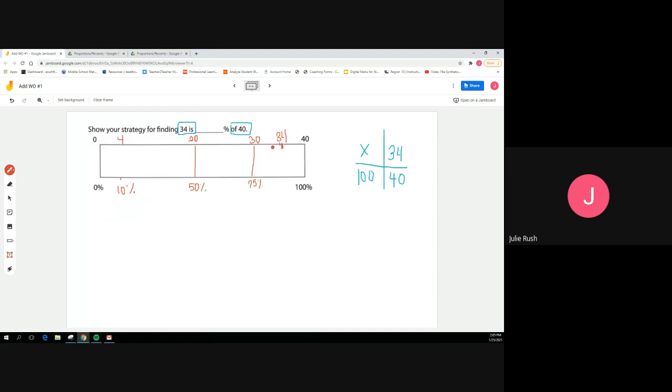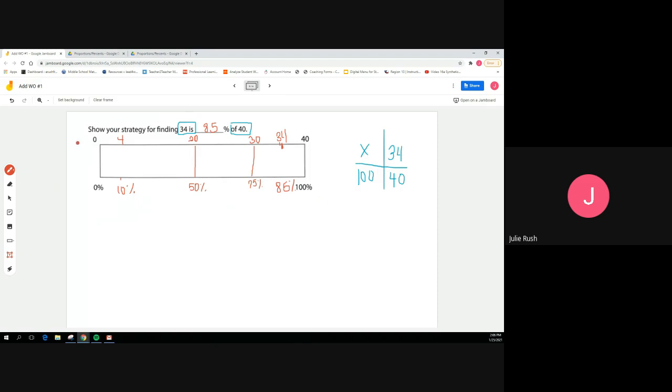And then 75% and 10% give me 85%. And so 34 is 85% of 40. And then let's check our work really quickly on the calculator. 100 times 34 divided by 40, 85%.